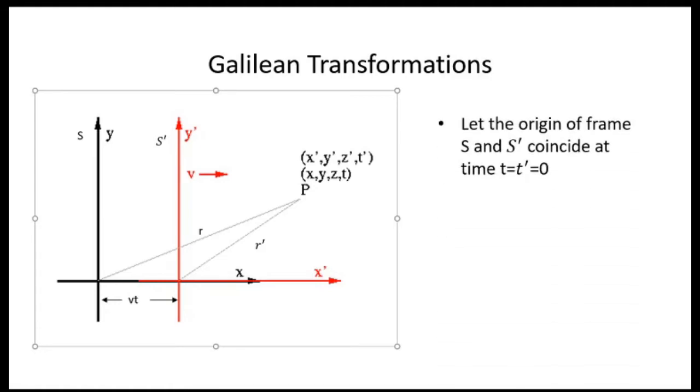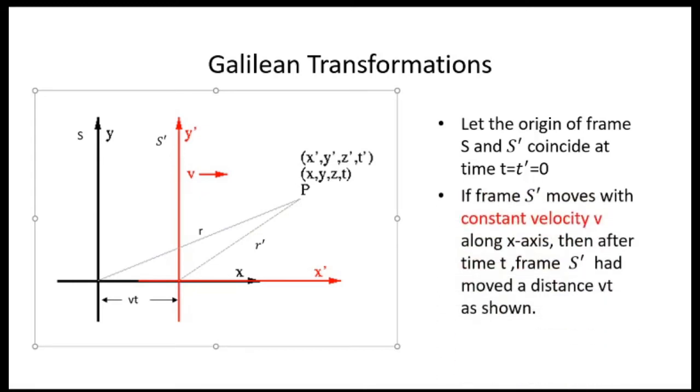Now the origin at time t equal to t dash equal to 0. The origins of these two frames of reference S and S dash are coinciding, overlapping. This point is exactly on top of this. Now after time t, the frame of reference S dash moves with constant velocity v along the x-axis.